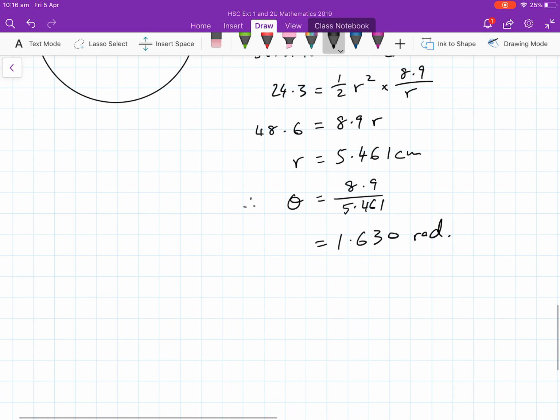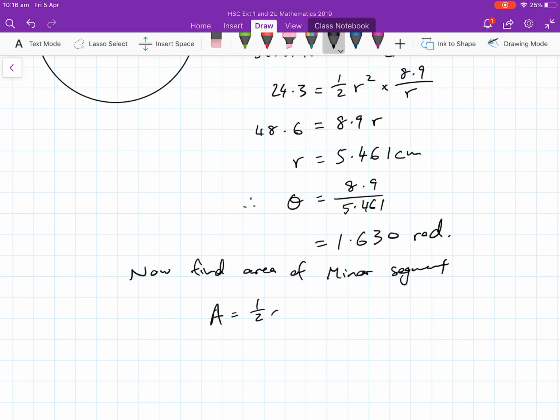Now I can find the area of the segment. Now find area of minor segment, which is simply A is equal to half times r squared, which is 5.461, times 1.630 minus sine of 1.630.